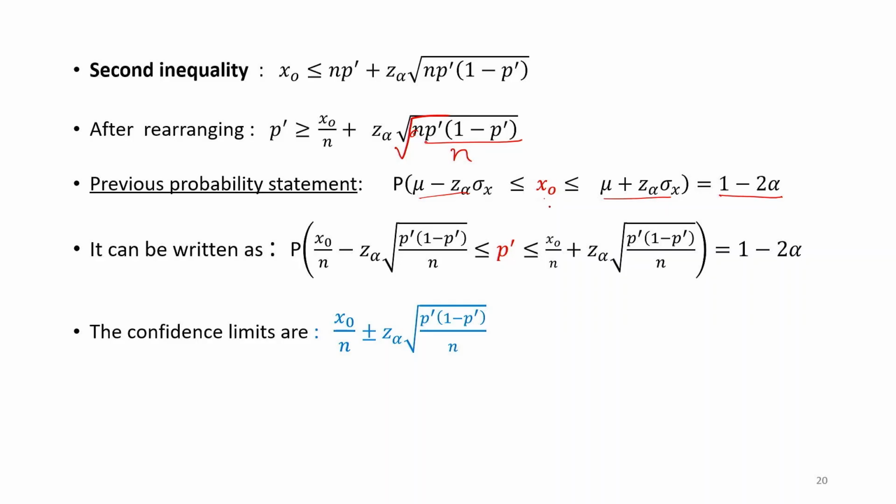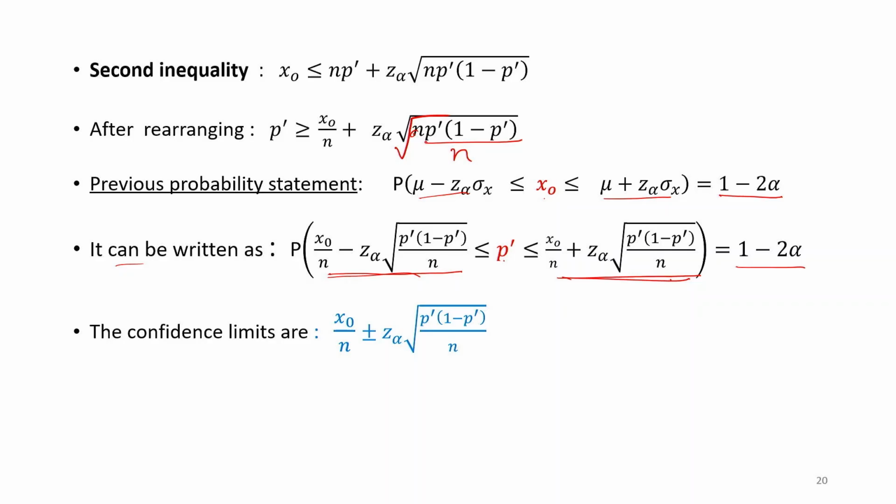Alternatively, it can be written as P dash lying between these two limits. So the inequalities have been changed and we can bring P dash to the middle. The probability of P dash lying between the left hand side and right hand side limits is 1 minus 2 alpha.